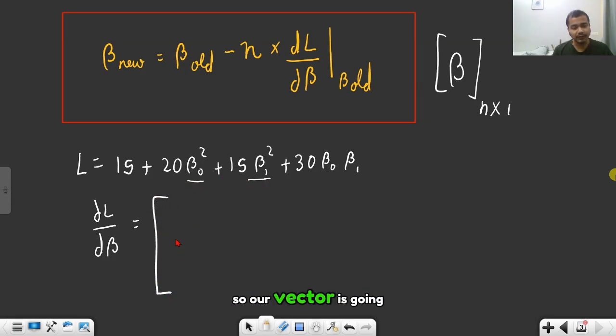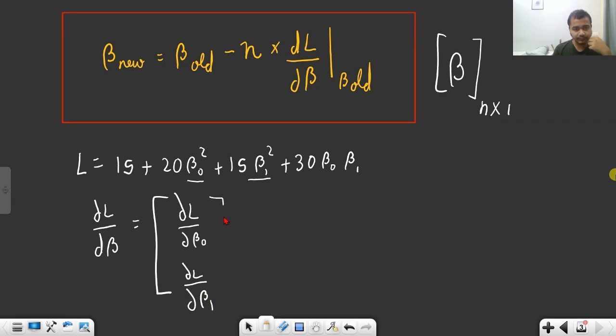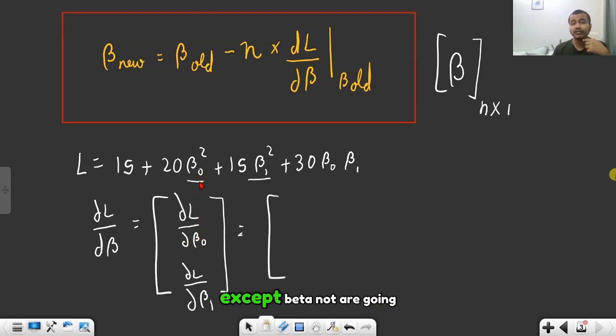So our vector is going to be del L, and we have to take partial derivatives: del L by del beta naught, del L by del beta 1. For del L by del beta naught, the other terms except beta naught are going to be assumed as constant.